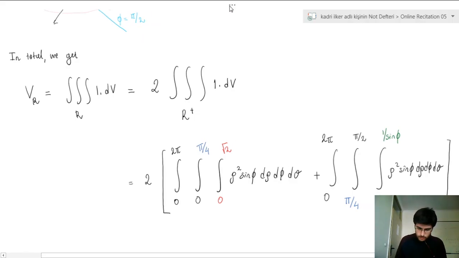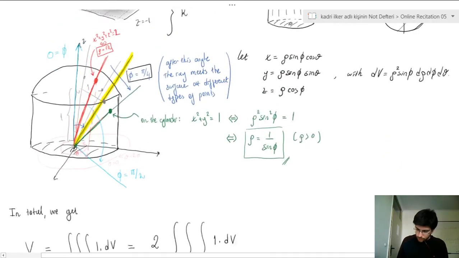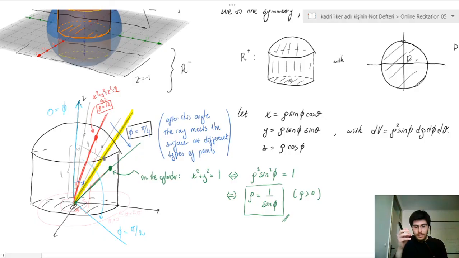As you see, we need to decompose our integral into two pieces. The most important part is this critical angle, because after this angle, the points where your light beam hits the region are expressed by different equations. This is the reason. The green points lie on the cylinder, and the red points lie on the sphere.